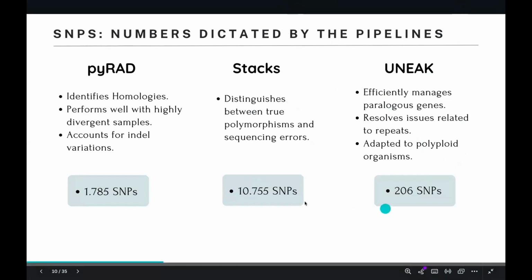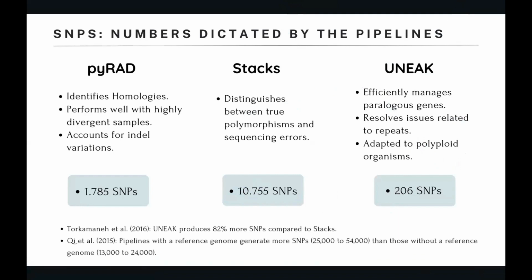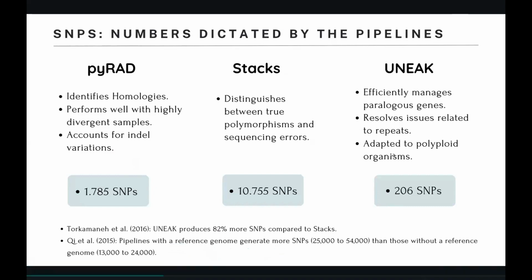This variation in terms of number is not unusual and aligns with patterns observed in other studies. It's important to mention that pipelines with a reference genome usually generate more SNPs than those without a reference genome.